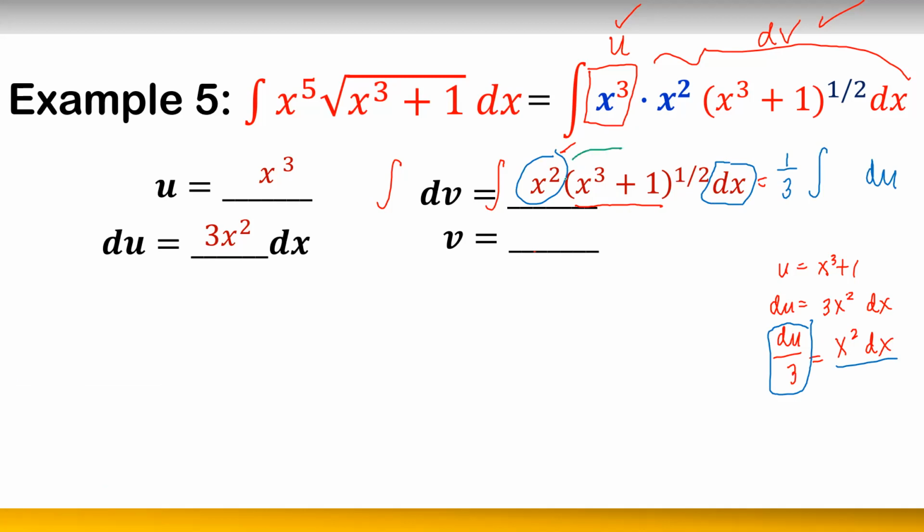Yan. This portion is our u to the 1/2. Yan. So, u to the 1/2, yan. Kaya integrable now. 1/2 plus 1 is 3/2. So, bali lalabas. Ano ba yung i-erase natin sa 3/2? It's x cubed plus 1.